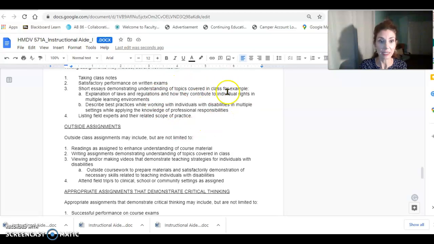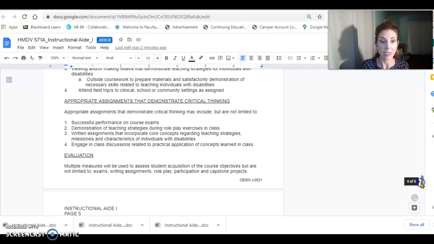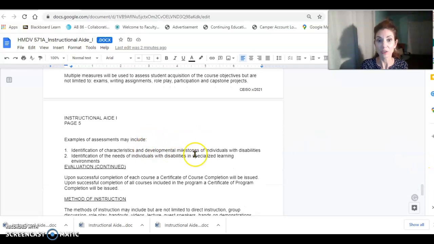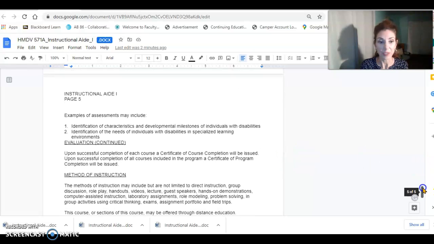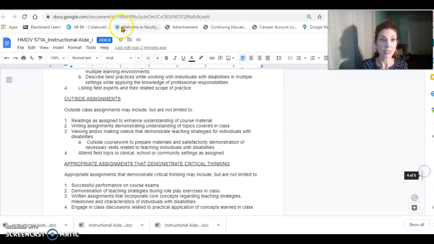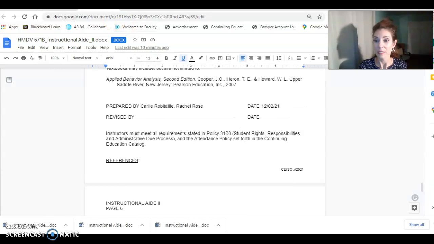We did add what some assignments might look like: written assignments, engaging in class discussion, identification of characteristics. We were requested to put some more information like that in from our advisory board, so it was more additions than anything. So that is for 1.